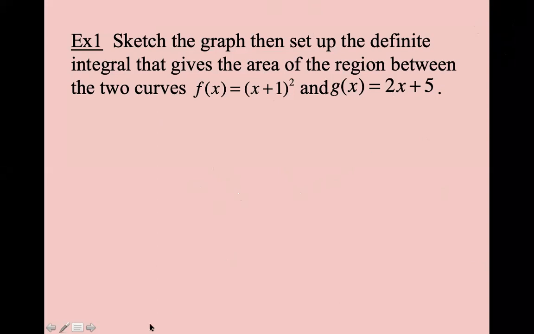So I'm going to draw a sketch of this just to get started and have an idea of what this looks like. So I have my y-axis and my x-axis, and the parabola is shifted 1 unit to the left. So here's my parabola.